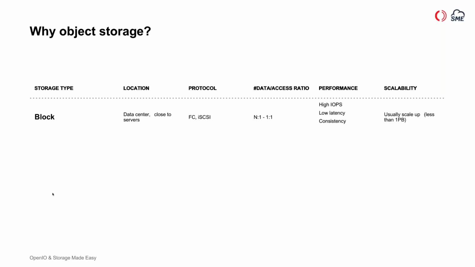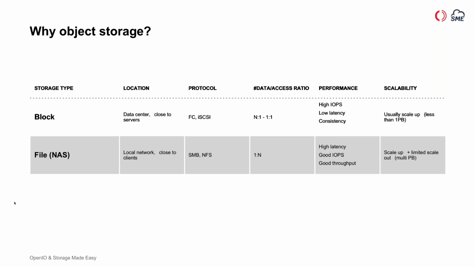And we usually use block in the data center, for FC and iSCSI, to connect virtual machines or databases, this kind of stuff. And this is a very good kind of storage because even though it's not very scalable, usually it gives a very low latency and a high number of IOPS.